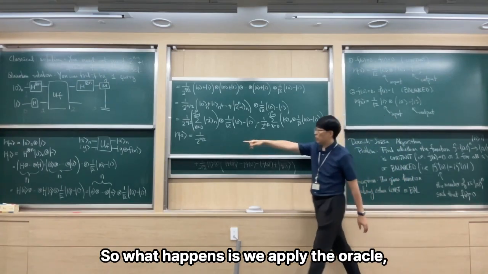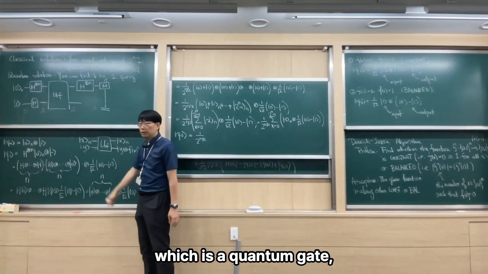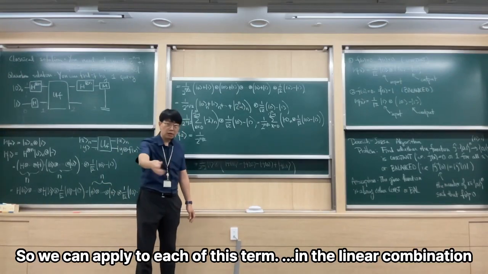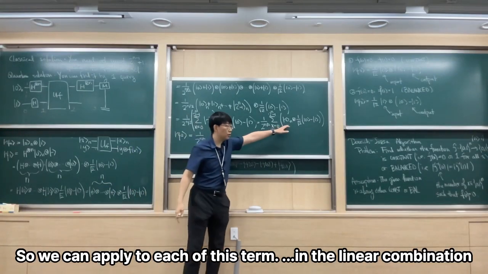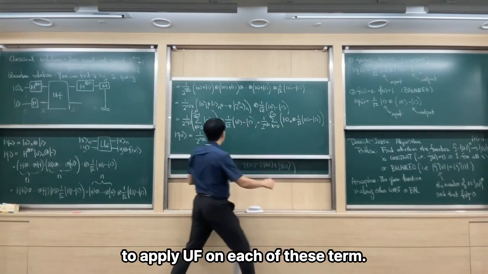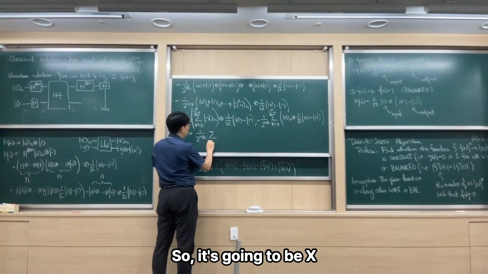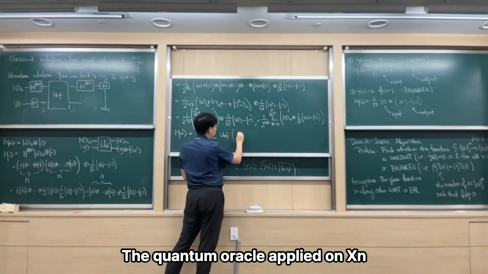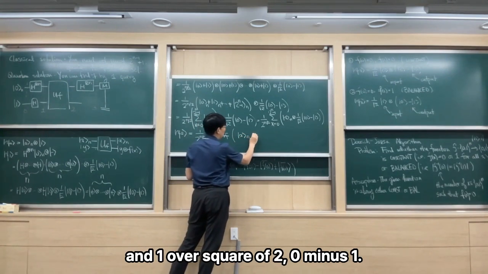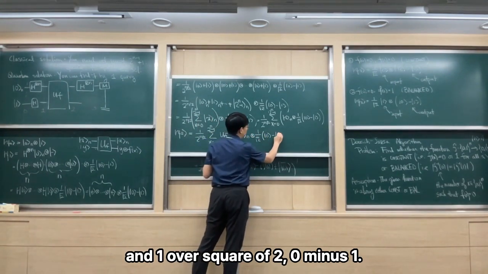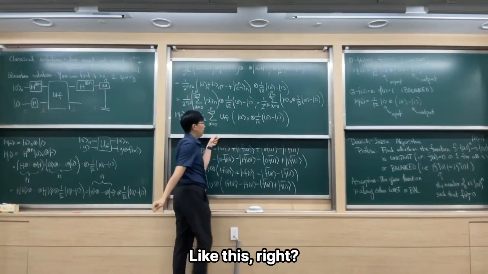What happens is we apply the oracle, which is a quantum gate. Every quantum gate is a linear transformation, so we can apply it to each of these terms in the linear combination. So we apply UF on each of these terms. So it's going to be x from 0 to 2 to the n minus 1, the quantum oracle applied on x n and 1 over square root of 2, 0 minus 1, like this, right?